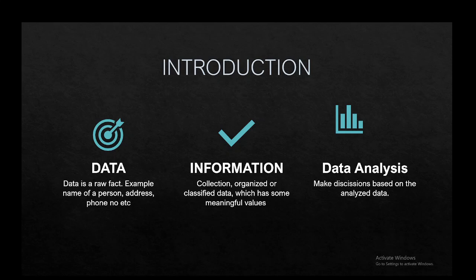So when these data are collated all together, they make what we call an information. An information is a collection of data or an organized data that has a meaning. So let's say, for instance, the name, address of the person called Ahmed.